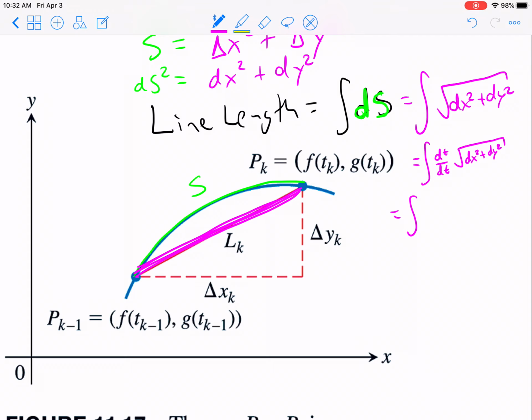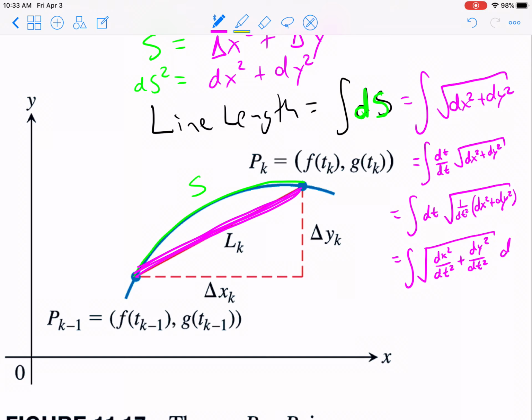So what I'll have is dt times the square root of 1 over dt squared times dx squared plus dy squared. Then I'm going to move my dt to the end, and distribute my 1 over dt squared: dx squared over dt squared plus dy squared over dt squared, and then integrate over dt.